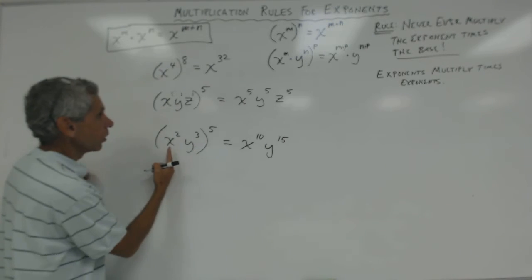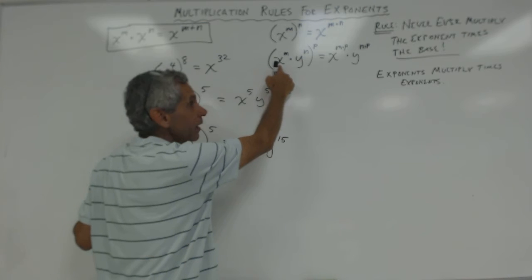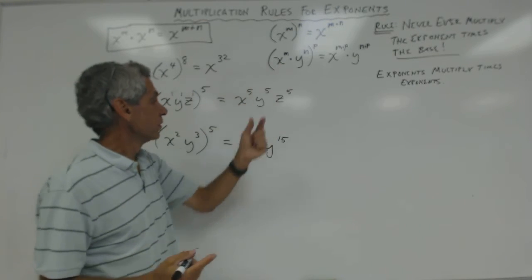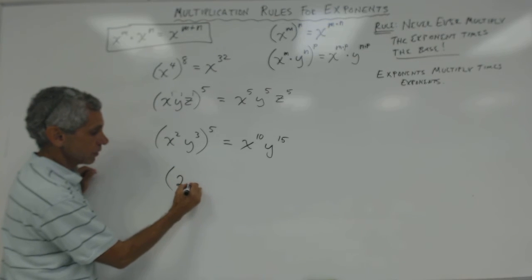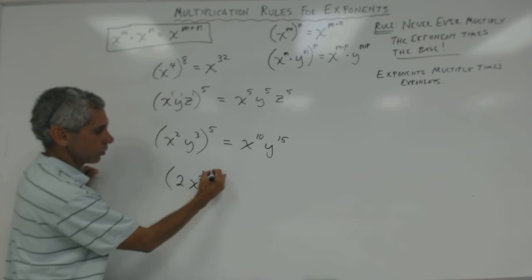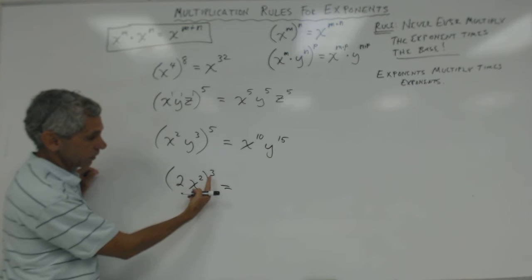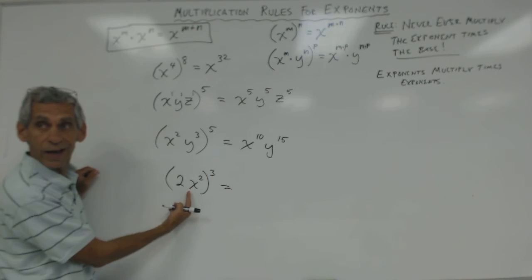Now, what if this number was an actual real number instead of a variable, right? So let's say I had 2x squared to the 3rd power. The 3rd power is next to a parenthesis. It affects the 2 and the x squared.